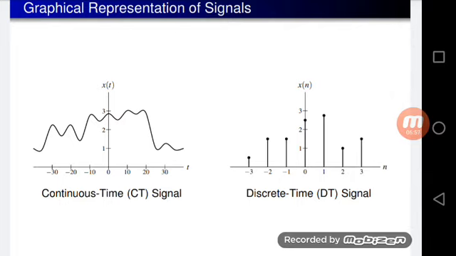That means we equally split the continuous time signal with the help of a sampler or sampling. CT is converted to DT with the help of a sampler or sampling.